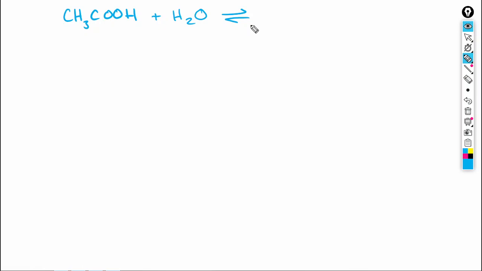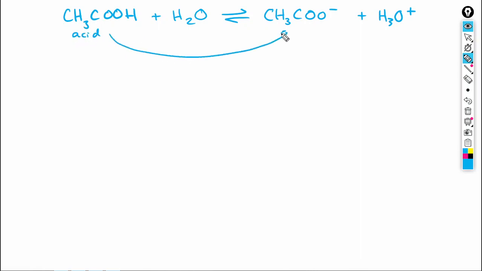Cool. H3O plus. So acetic acid is an acid and its conjugate base is CH3COO minus, or the acetate ion.